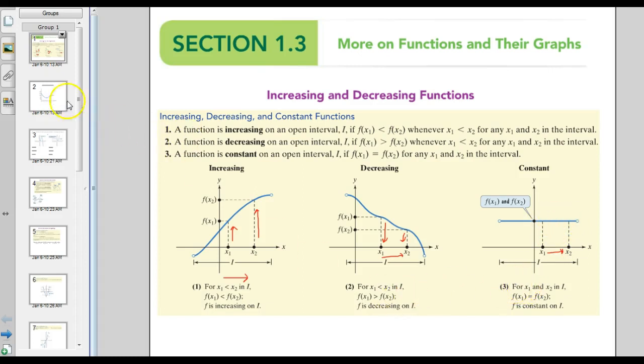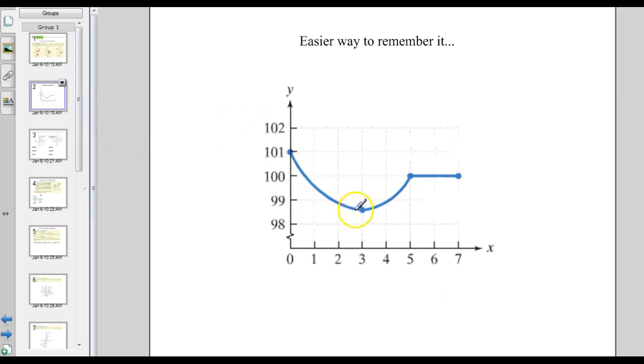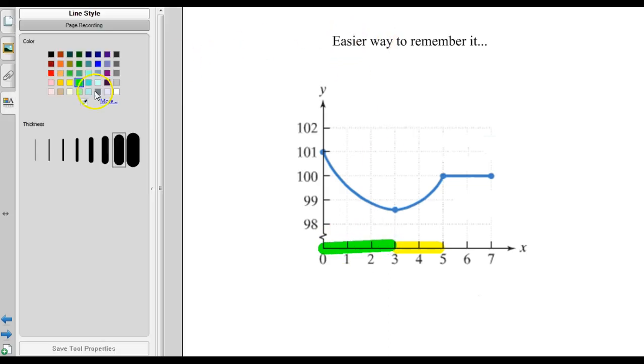So, easy way to remember it. This is where we're increasing because it's going uphill as I move from left to right. This is where it's decreasing because it's moving downhill as I go left to right. And then this is where it's constant because it's not going up or down as I move left to right.